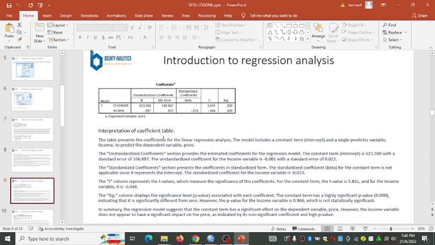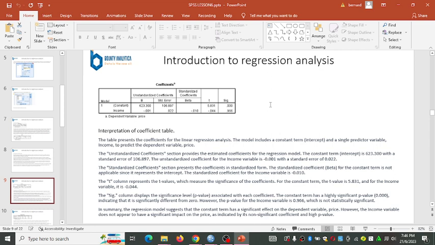This table represents coefficients for the linear regression analysis, and the model includes a constant term. Remember, the regression model or regression line is represented by y = mx + c.